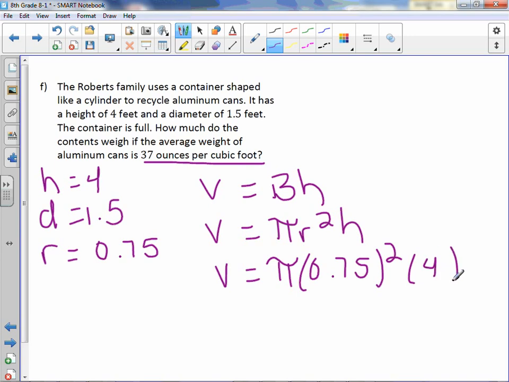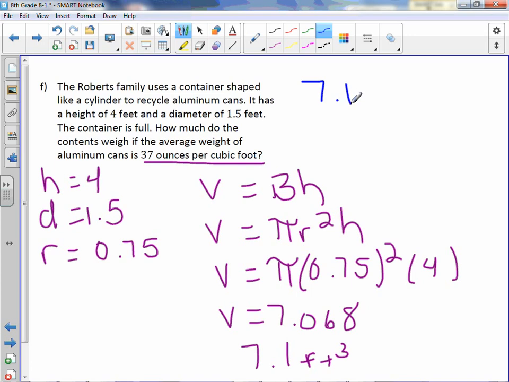Pi times 0.75 squared times 4 gives us a volume of 7.068, or 7.1 cubic feet. Well, we know that each cubic foot is 37 ounces, so we take our 7.1 and multiply it by 37 ounces, and we get a total weight of 262.7 ounces.